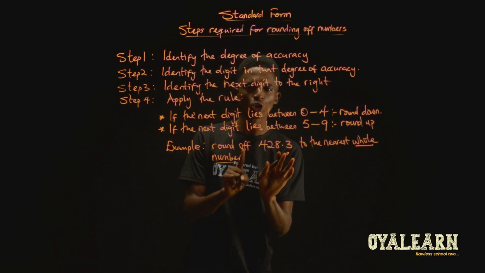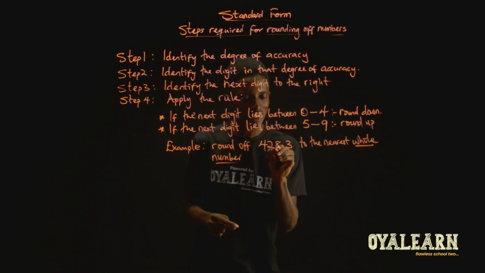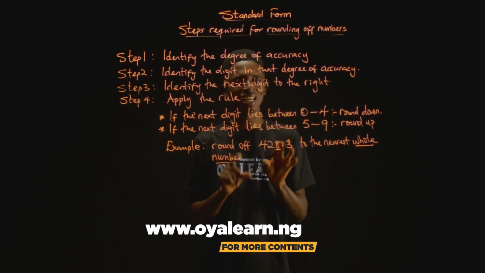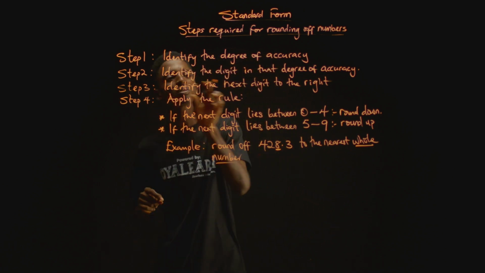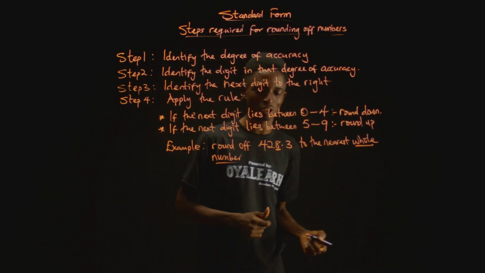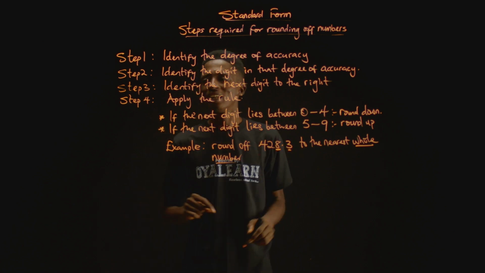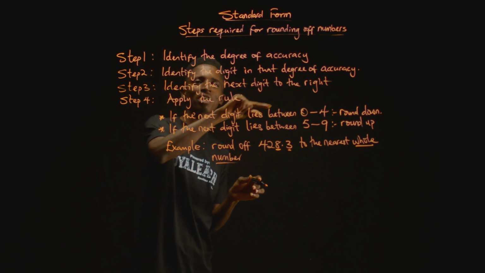So to make this a whole number, we have to get rid of the fraction. That is, there must be no decimal. So this is the digit that we are working with. This is the digit that lies at the degree of accuracy we are asked to approximate to. Now, step 2 says we should identify the next digit to the right, and that would be digit 3.